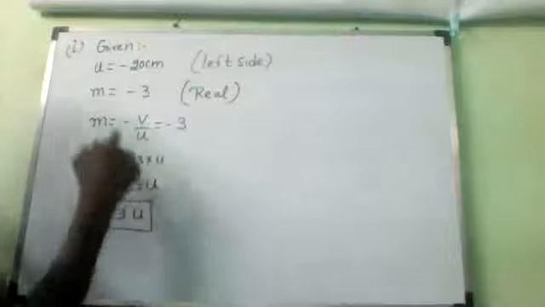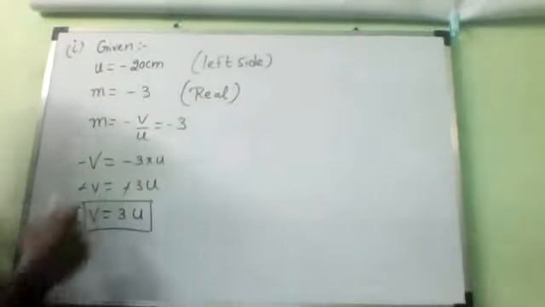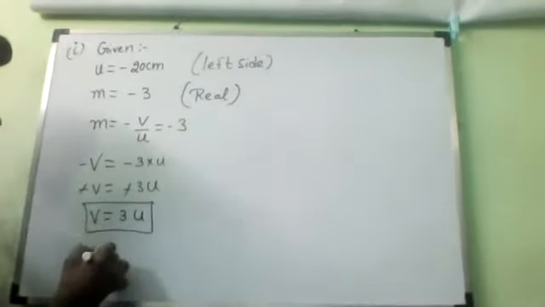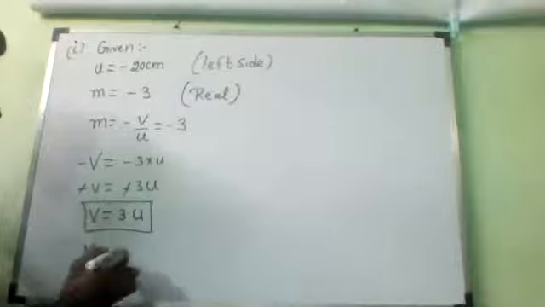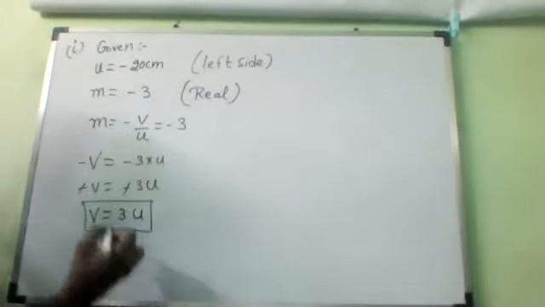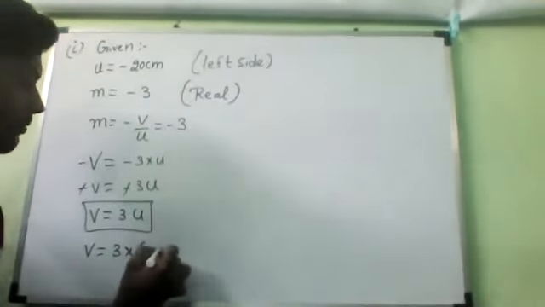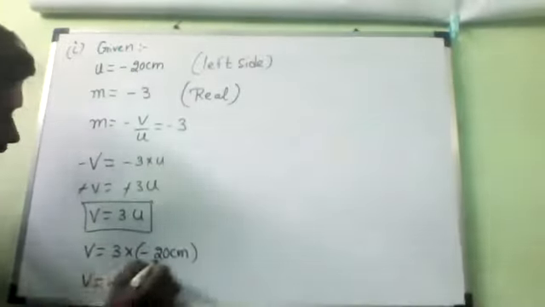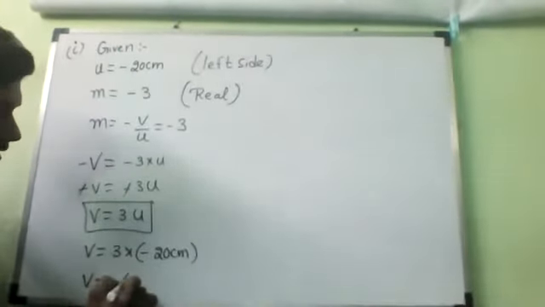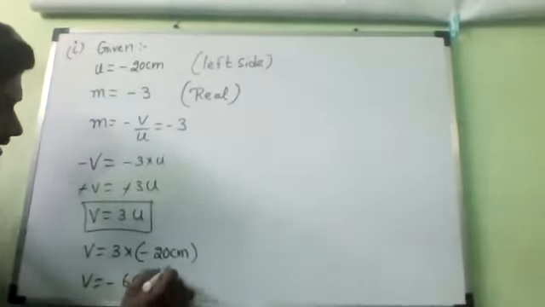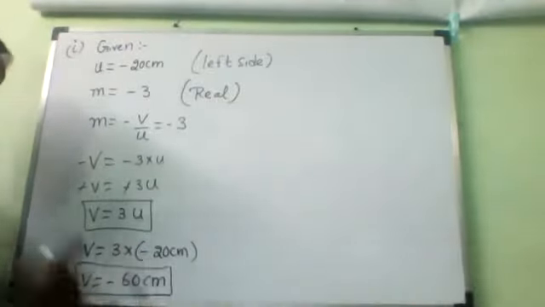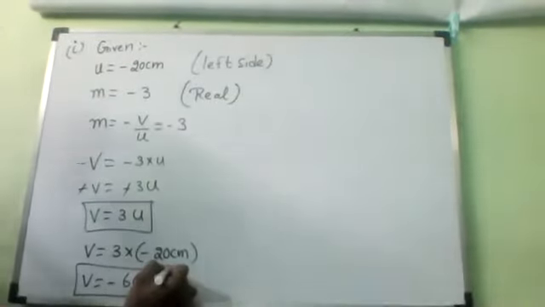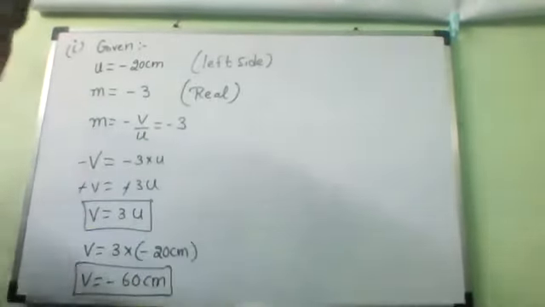V equals how much? 3 into minus 20. 3 twos are 60. Minus 60 centimeters. Do you understand this?